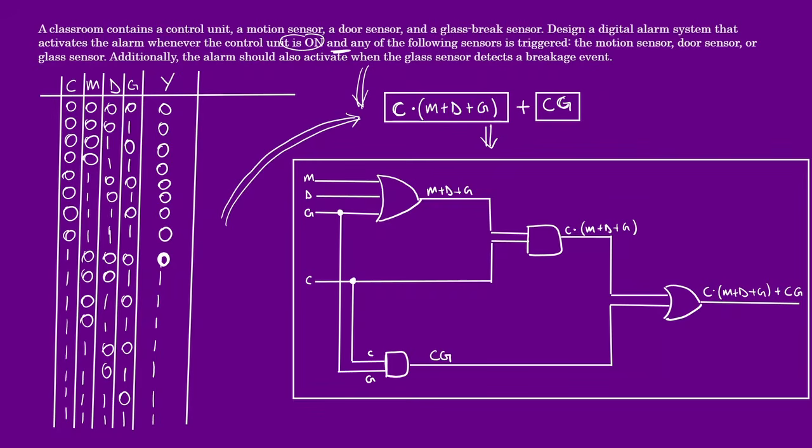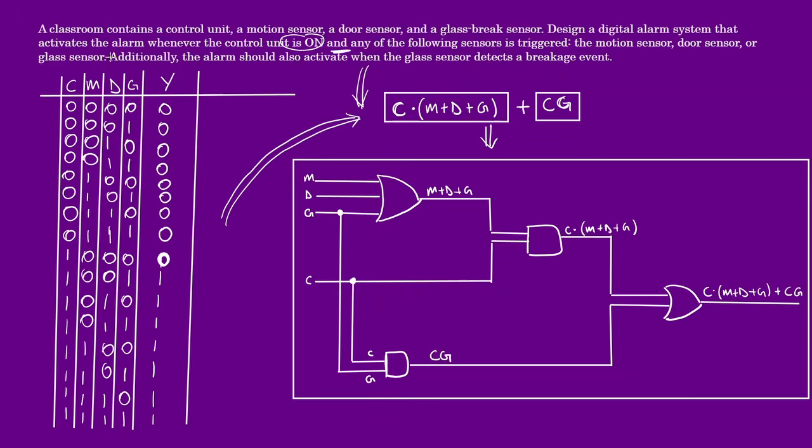Now it's important to know that these things are sort of up to interpretation. I saw that the condition where the glass sensor is on and the control unit is on, so that's this, is also included in this first set of expressions. What do I mean?